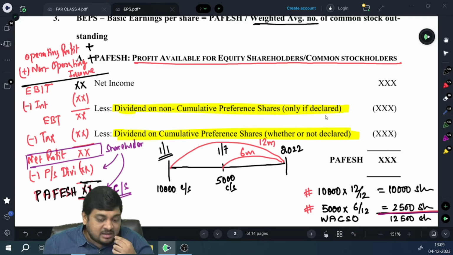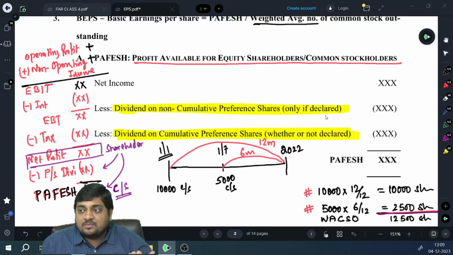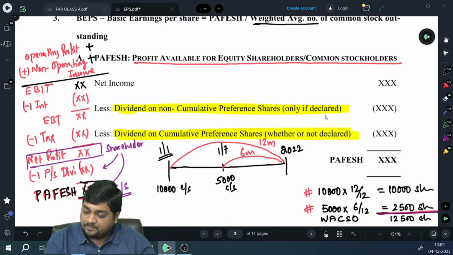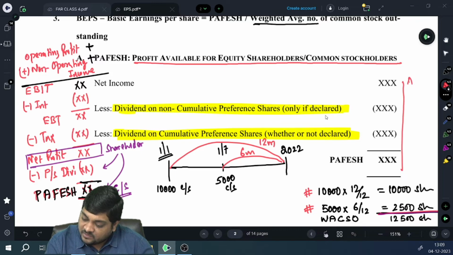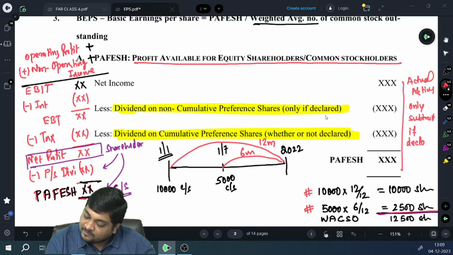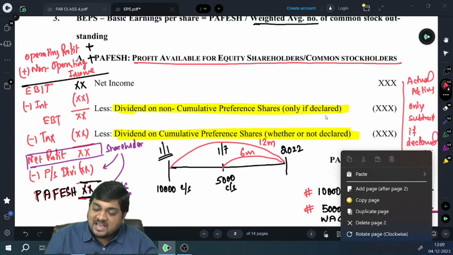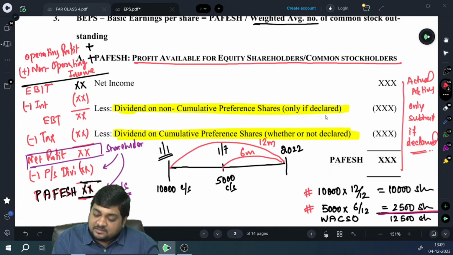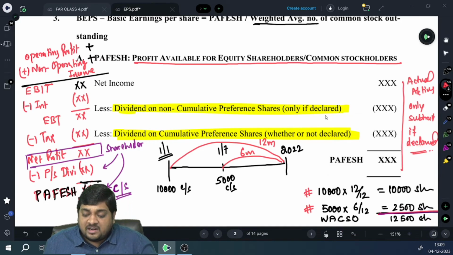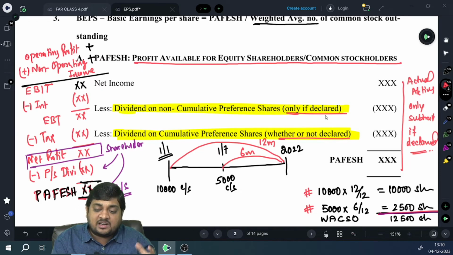But in the earning per share calculation, from the profit available for equity shareholders, for non-cumulative we subtract only if declared, but for cumulative, even if it is not declared, we still subtract it. This is what we have to say about the numerator part. This is the numerator.